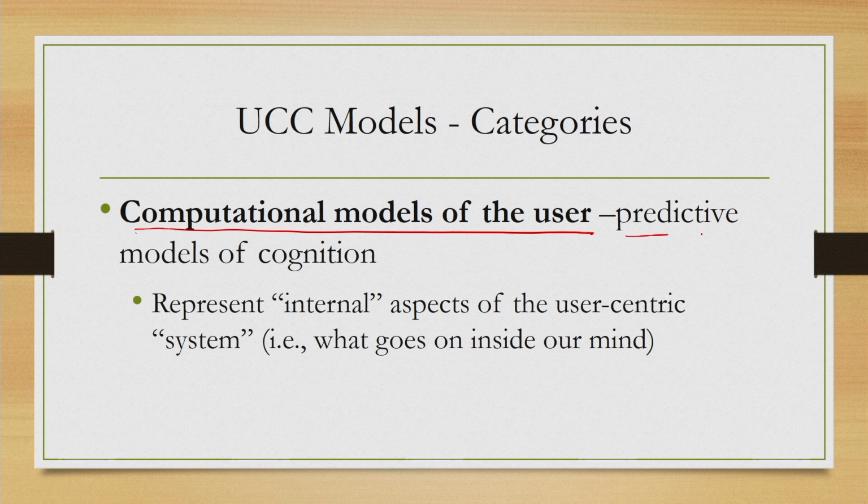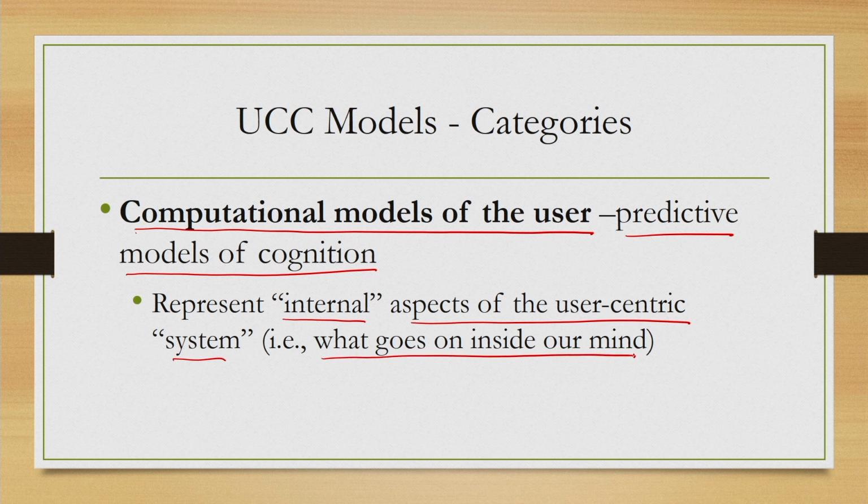These are predictive models of cognition, which represent internal aspects of the user centric system. In other words, what goes on inside our mind when we are interacting with a system. So, when we are talking of computational user models, we are essentially referring to predictive models of cognition, or the models that predict our thought process, what we are going to do next in our mind.